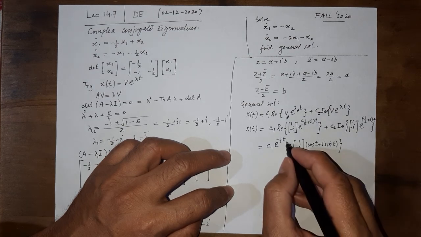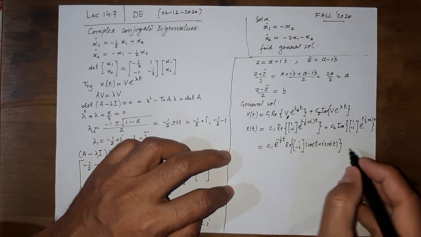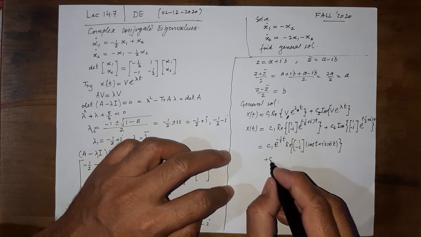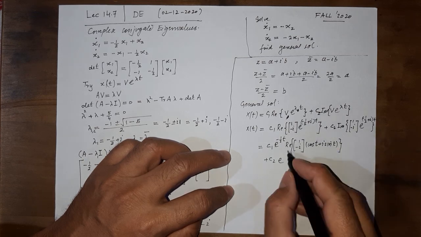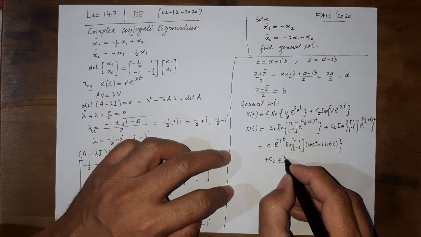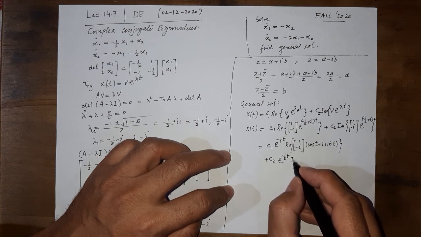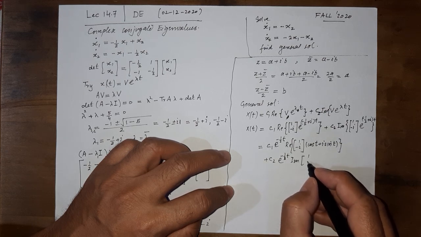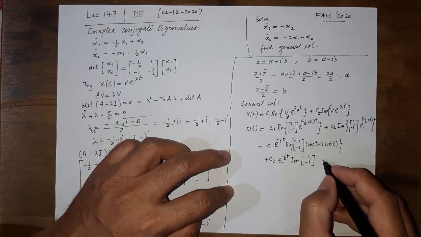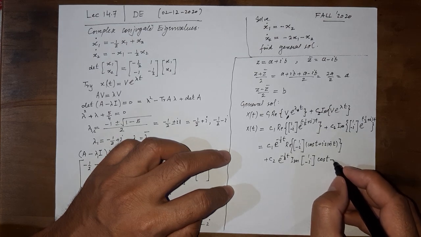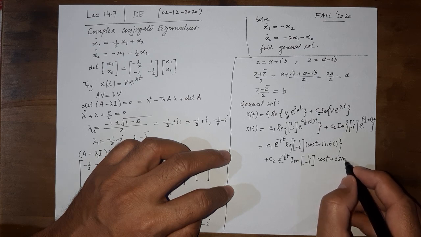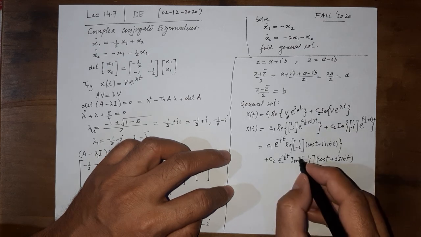So the real part of this thing is required, plus c2. Again here we can also take e raised to the power minus half t and imaginary part of 1 minus iota times cos of t plus iota sine t.